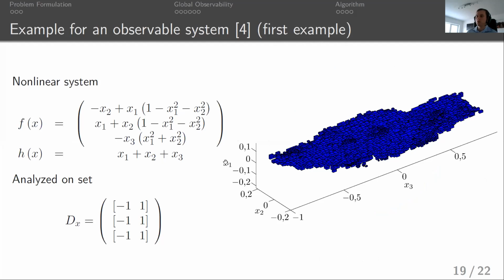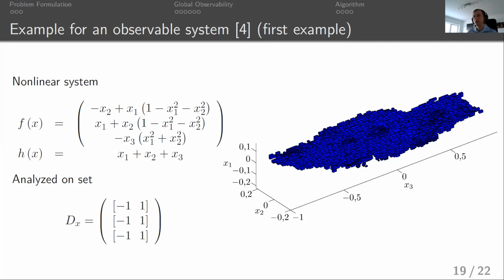We can see that x1 and x2 are quite small compared to the initial area, while the third state, x3, spans the full length of this initial area. That means that x1 and x2 seem to be some cylindric component that comes into this result, and x3 is not an issue for the observability, and we can get an insight into how to enlarge the area where we can prove observability.